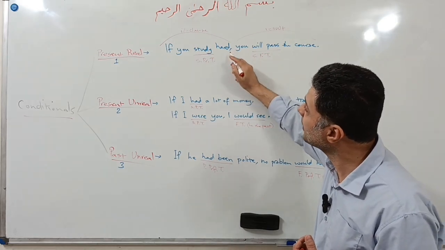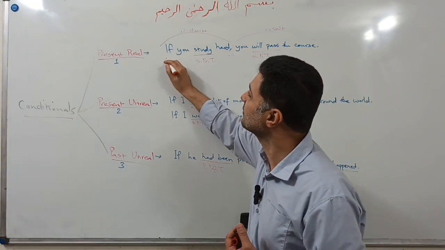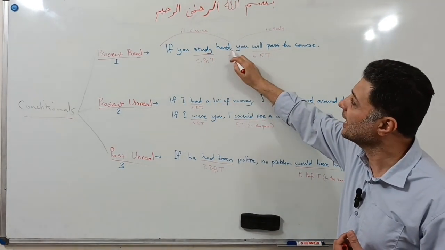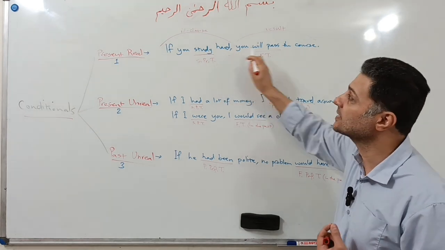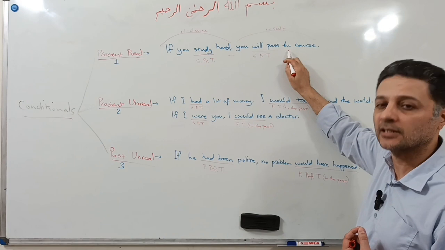And then there is a comma. Don't forget this comma, right? If starts our clause and the comma separates the two clauses, the if clause from the result clause.